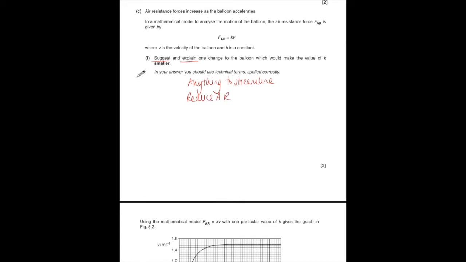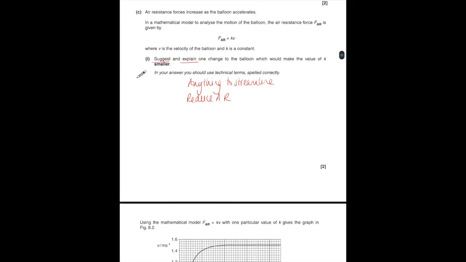Because if we reduce the air resistance, then what that's going to mean from our relationship is that for a given value of V, if our air resistance goes down, so is our value of K. So 1 mark for a reasonable suggestion of a way that is going to make the balloon more streamlined, and the 2nd mark for that explanation associated with that, which is that we are trying to reduce the air resistance.